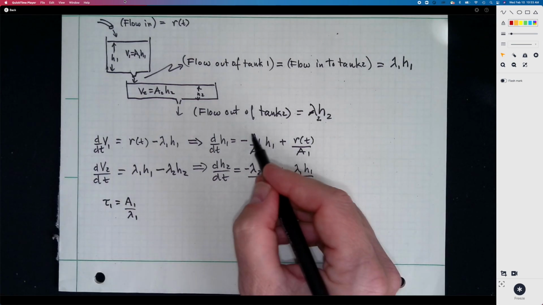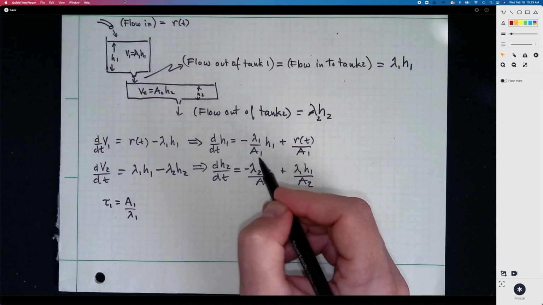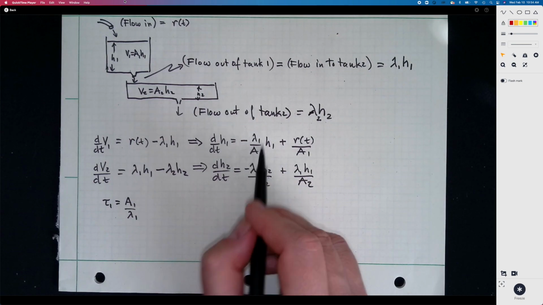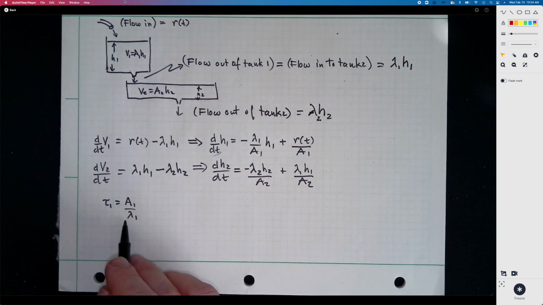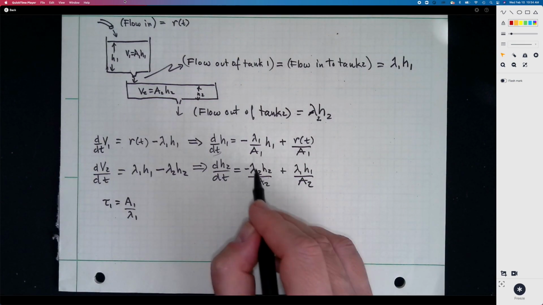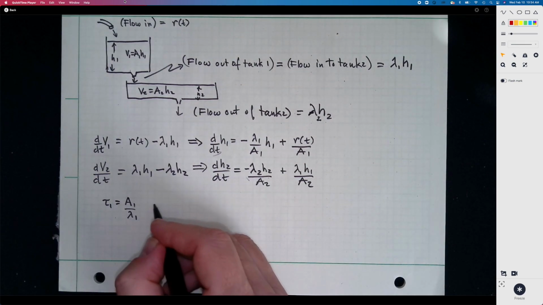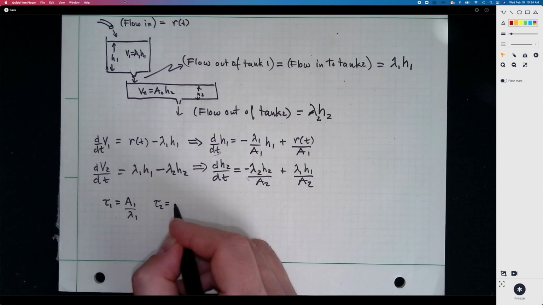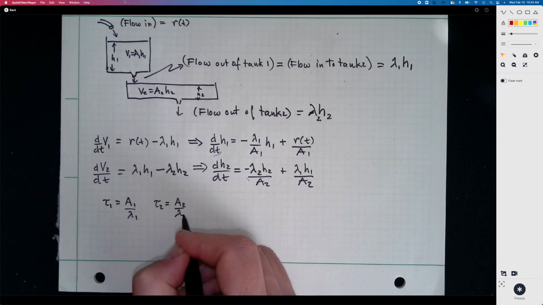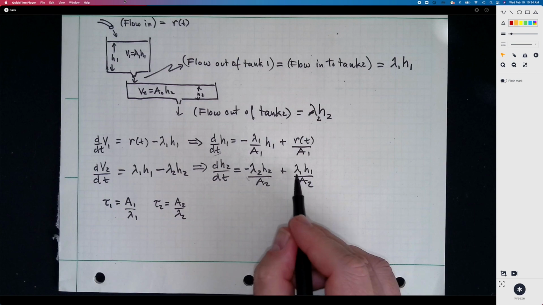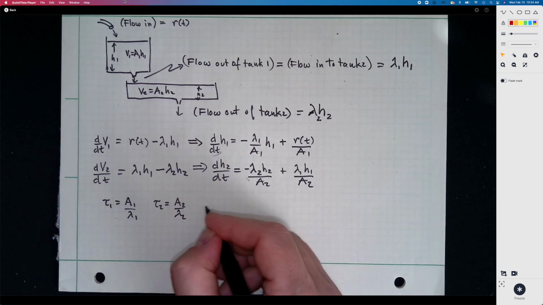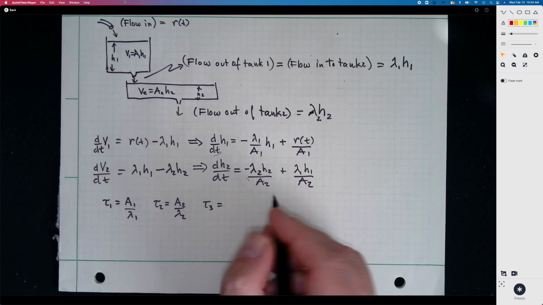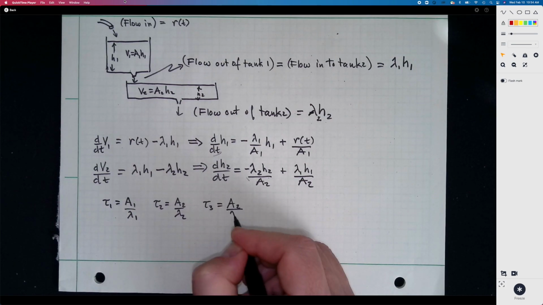This parameter, lambda 1 over A1, has dimensions of inverse time, the same dimensions as d/dt. So that's the first time scale. Then I'll call another one tau 2, which is equal to A2 over lambda 2. And there's now a third time scale, which I'll call tau 3, equal to A2 divided by lambda 1.